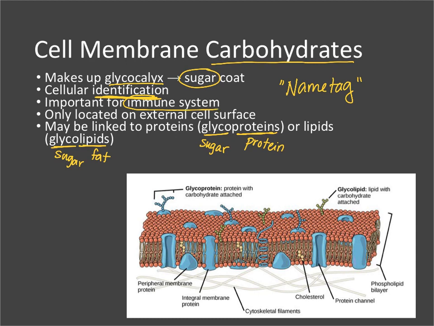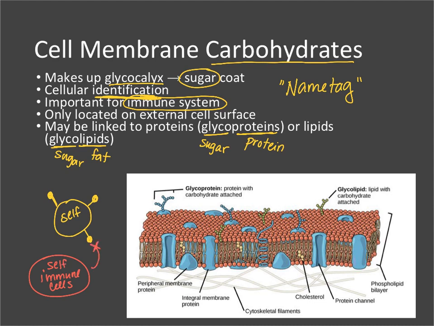And it's really important for the immune system because, for example, if you have a cell that belongs to you and it's got a certain glycocalyx that's kind of sticking off of it here, this glycocalyx helps immune cells to identify those cells as okay. Like your immune cells, so we'll say self-immune cell, know to not attack your own cells because it can kind of scan this glycocalyx or read it.